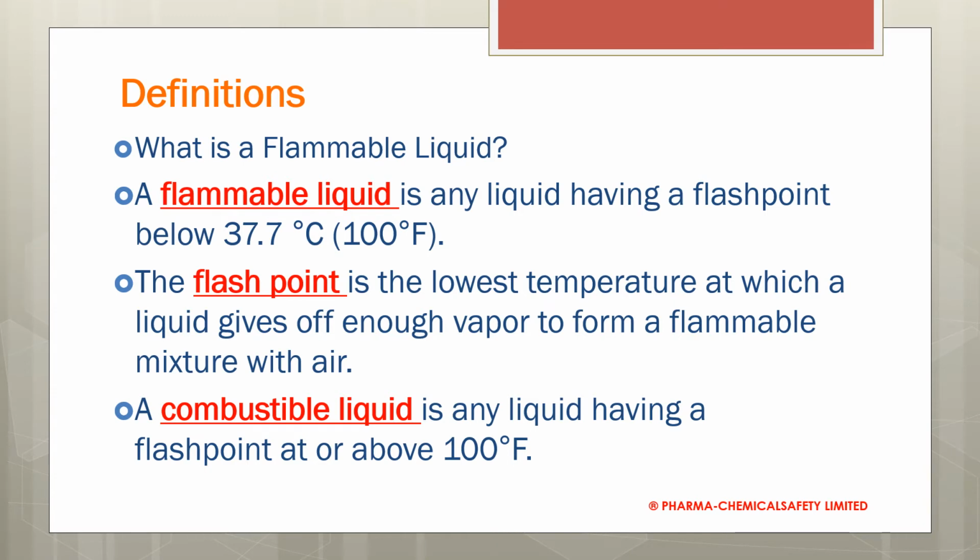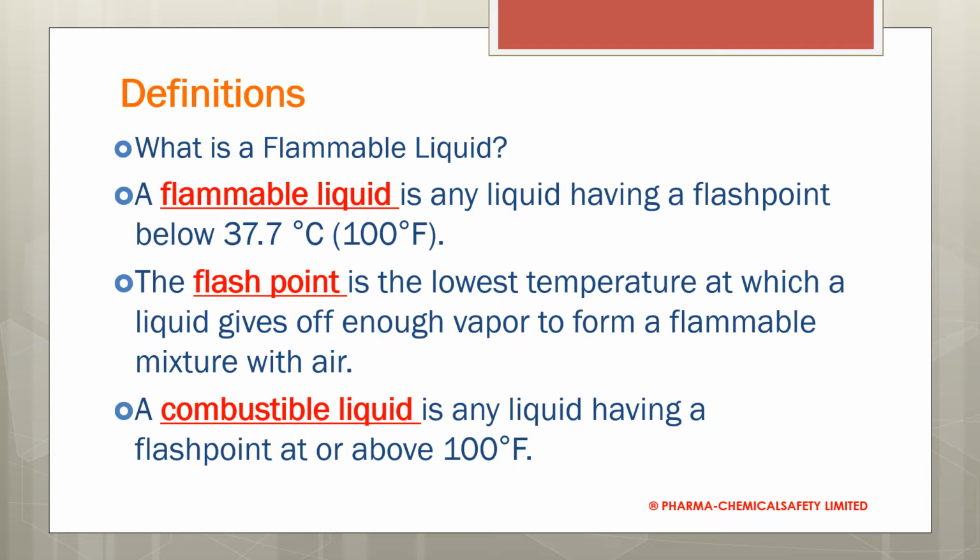What is the definition of a flammable liquid? According to NFPA 30 and the Ontario Fire Code, a flammable liquid is any liquid having a flash point below 37.8 degrees Celsius or 100 Fahrenheit.